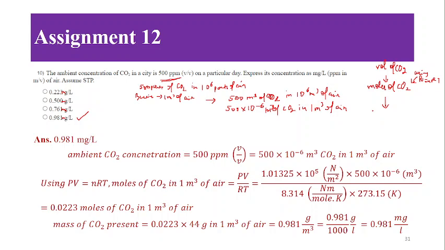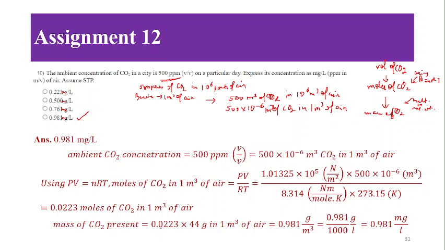So now we know the moles of CO2. Then you need to calculate the mass of CO2. How you do that is multiply with molecular weight. So the molecular weight of CO2 is 44 grams per mole.